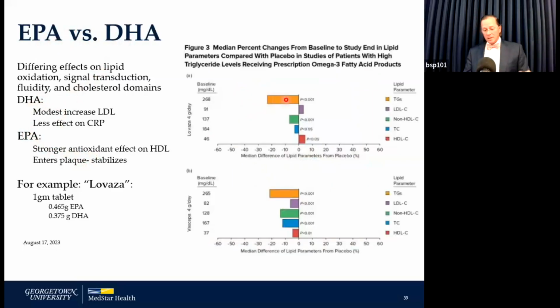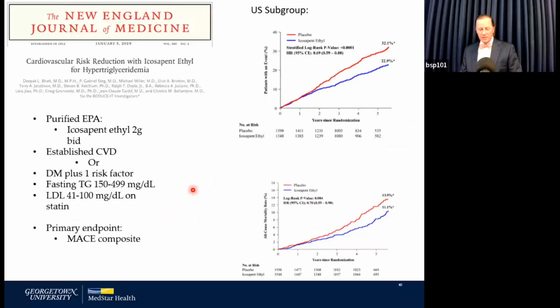And they do different things. This is Lovaza, which is a prescription form of DHA and EPA. It lowers triglycerides, but it raises LDL a little bit while lowering non-HDL. Purified EPA here lowers triglycerides, but also lowers LDL and non-HDL. So there are different things that this does than this, but the bottom line is here.